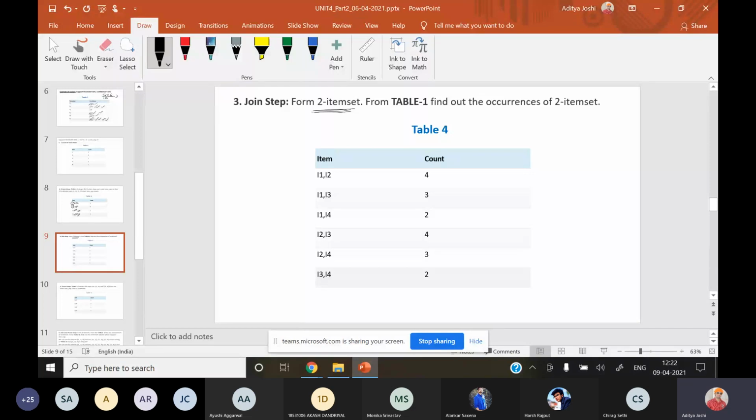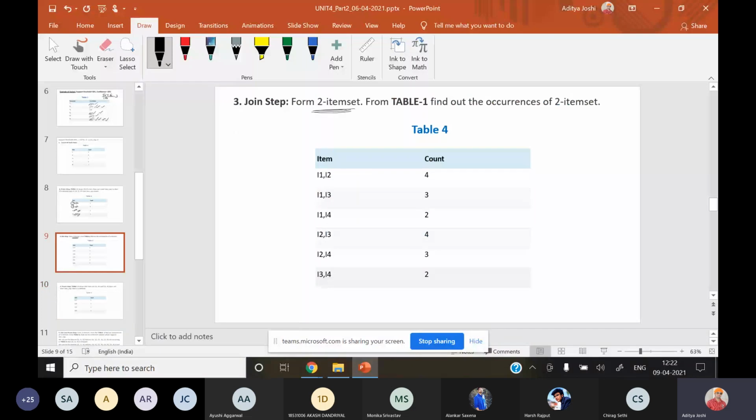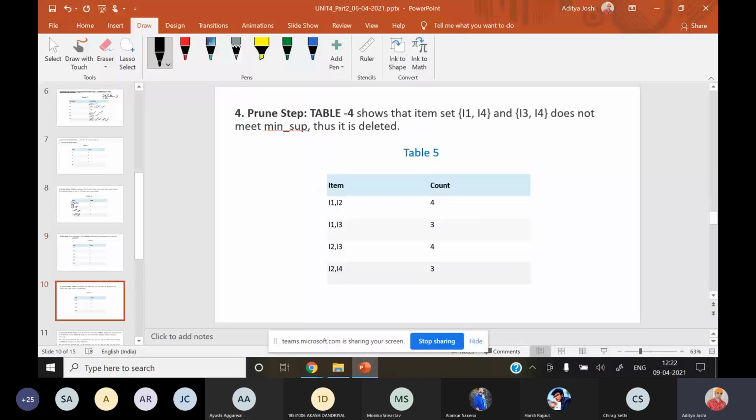There are only 2 values which are less than the minimum support count. So we will remove those values. So we will have I1, I2, I1, I3, I2, I3, and I2, I4, right? So make this table also.